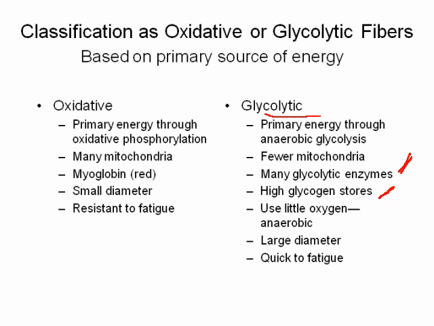They have high glycogen stores. It makes sense. Glycolysis is the breakdown of glycogen, so they're obviously going to have a large storage of glycogen to support the glycolysis. They use very little oxygen. They are anaerobic. Therefore, they can be larger, because they don't need as much oxygen diffusion throughout the fiber as you have in the oxidative cells. But they're fairly quick to fatigue.